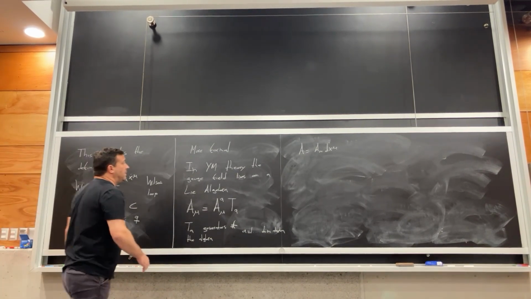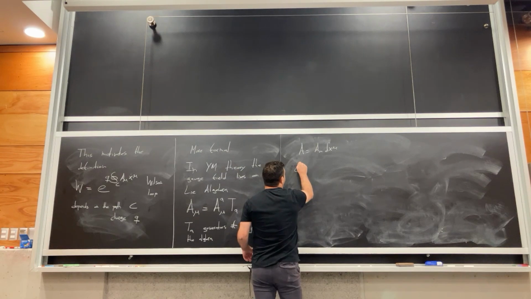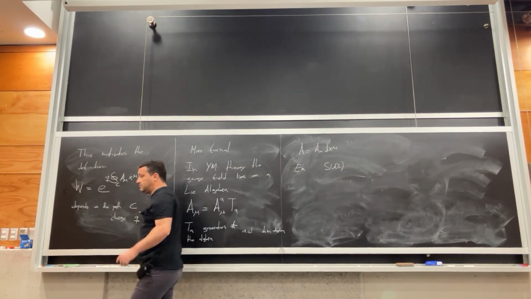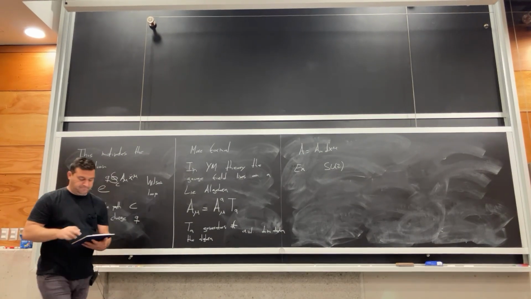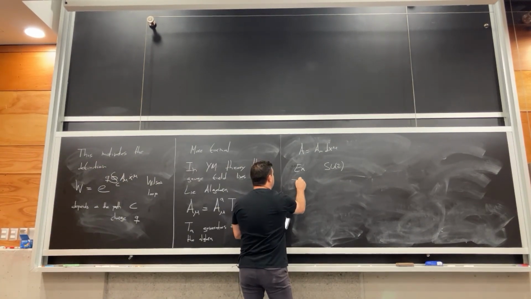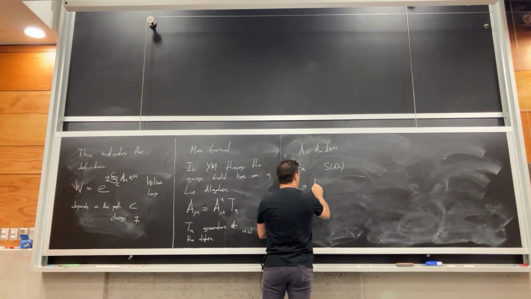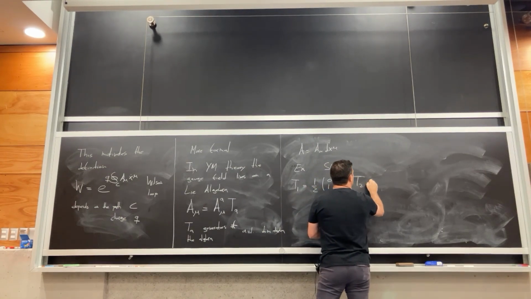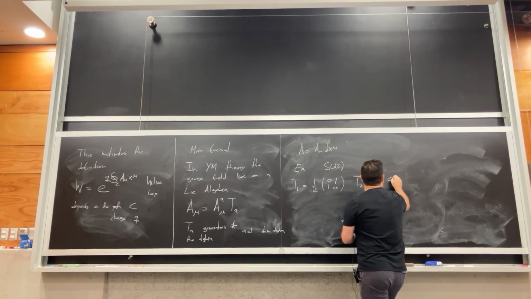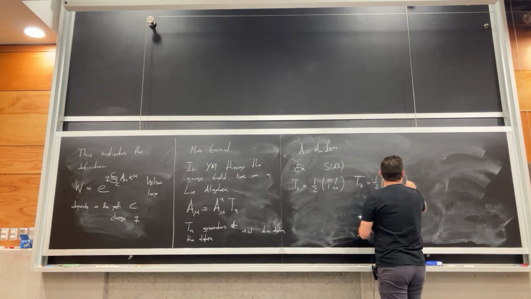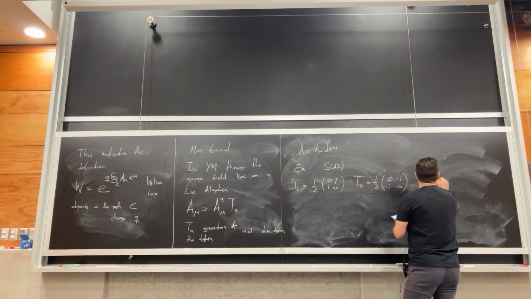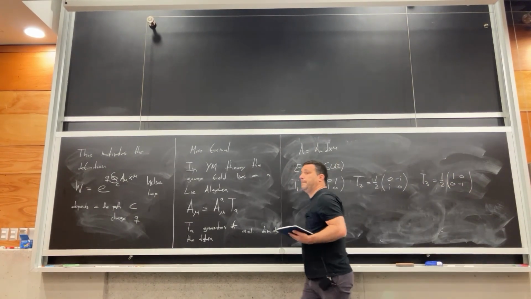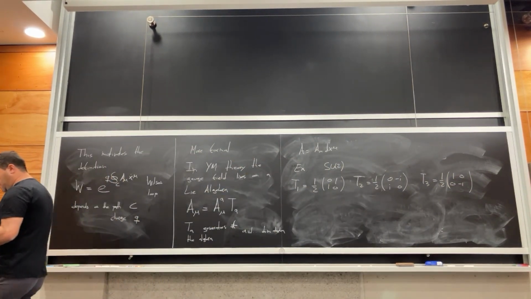So for example, in SU(2), you would have T1 would be 1/2 of (0, 1; 1, 0). T2 would be 1/2 of (0, minus i; i, 0). And T3 would be 1/2 of (1, 0; 0, minus 1). Okay? And then you would have 3 gauge fields, 1 for each matrix.